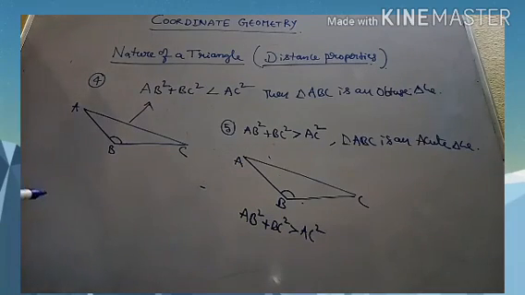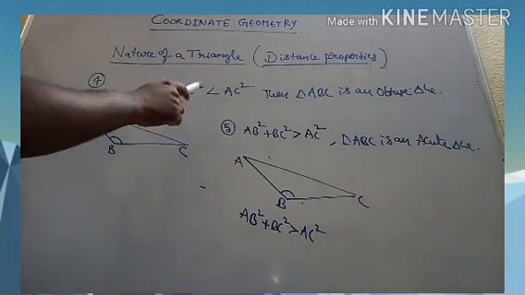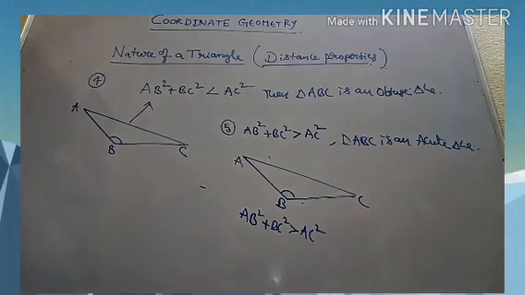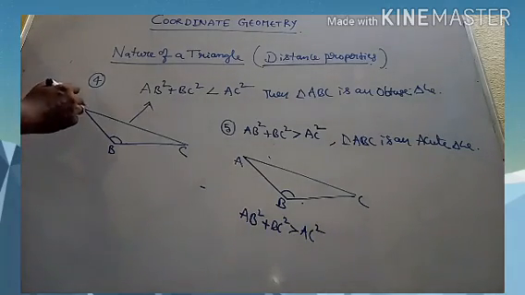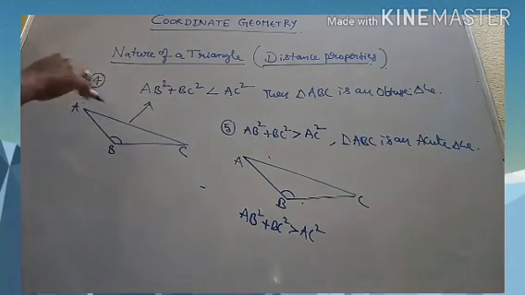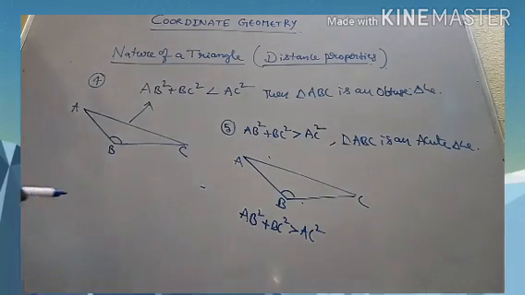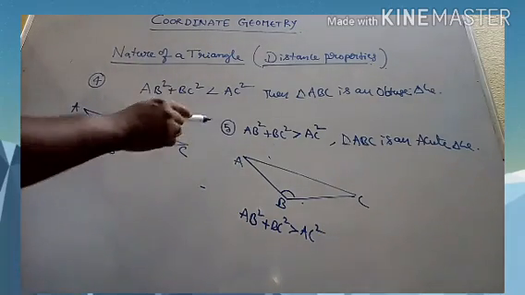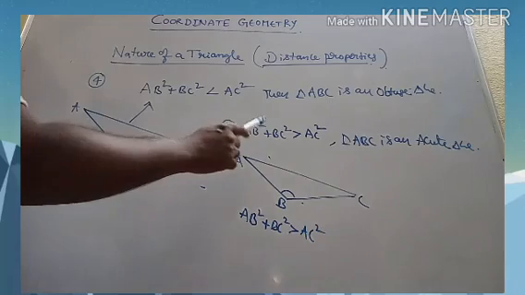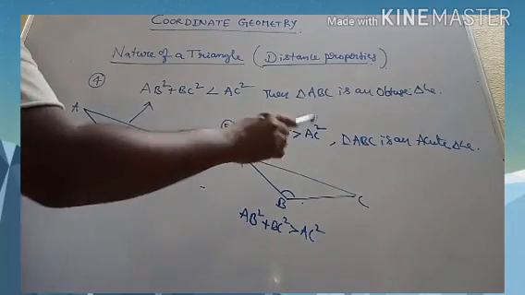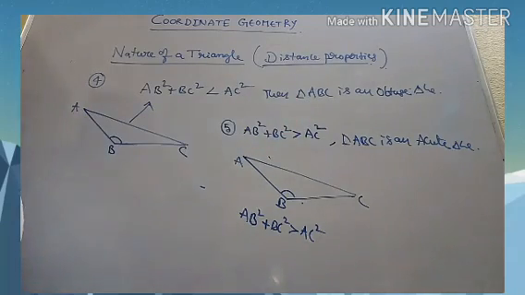Now the fourth one, AB square plus BC square is less than AC square. Then triangle ABC is an obtuse angle triangle. Suppose anywhere you get that the sum of the squares of two sides is less than the square of the third side, then it is obviously an obtuse angle triangle. And the fifth one, if the sum of the squares of two sides is greater than the square of the third side, then triangle ABC becomes an acute triangle.